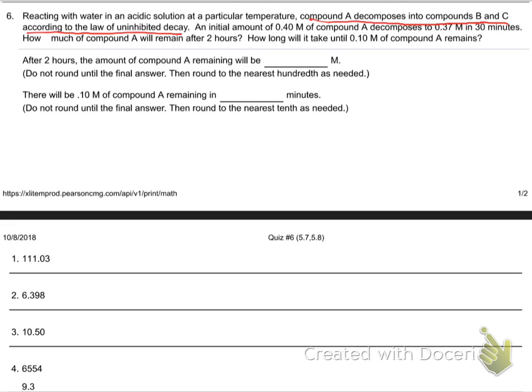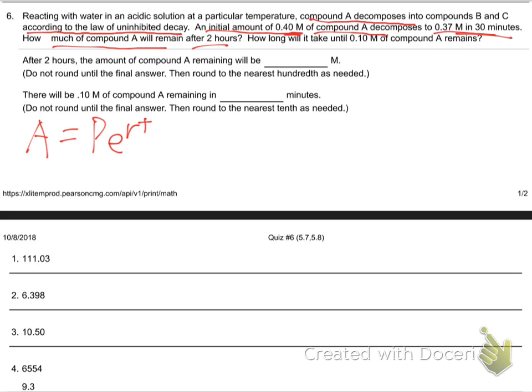That means PERT. So they're saying we're going to use PERT. An initial amount, 0.4 m, of compound A decomposes to 0.37 in 30 minutes. How much of compound A will remain after 2 hours?